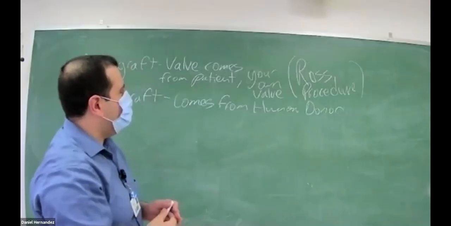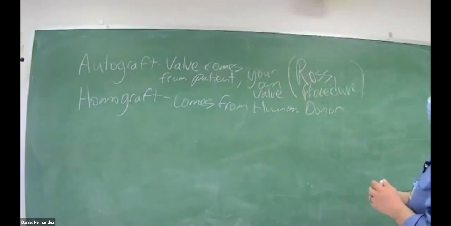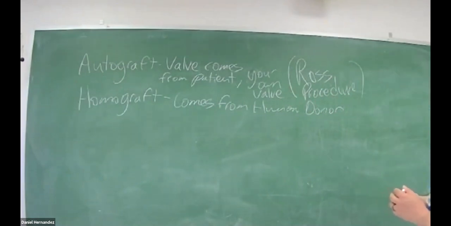Is the Ross procedure specifically when the pulmonic valve is resected? Yes. Okay. So with that, you're removing the pulmonic valve and transplanting it in place of the aortic valve. And then you're placing a stent with the valve into the right ventricle.